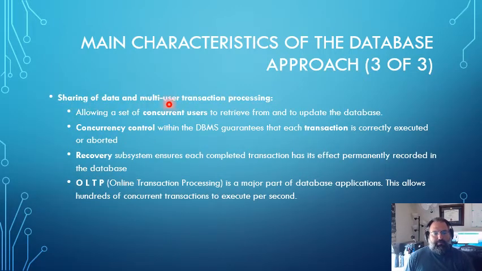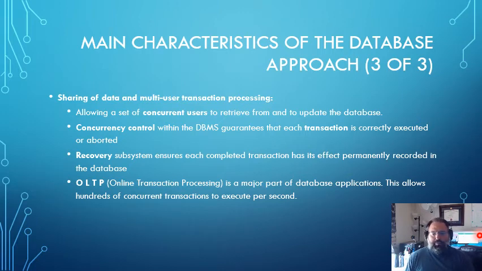Sharing of data and multi-user transaction processing allows for a set of concurrent users to retrieve from and update the database. What that means is that you're allowed to have things updating and reading at the same time. This is necessary because of the load that most databases are under. A concurrency control within a database management system ensures that a transaction is correctly executed or aborted. You want it to go all the way through or not at all.